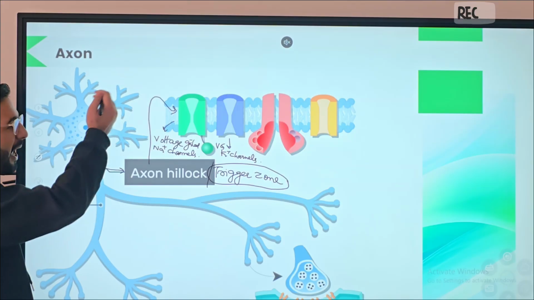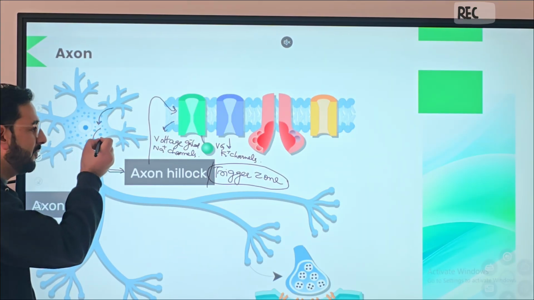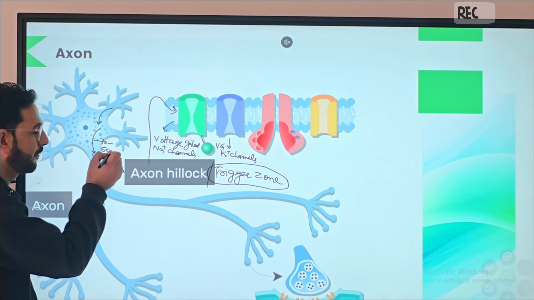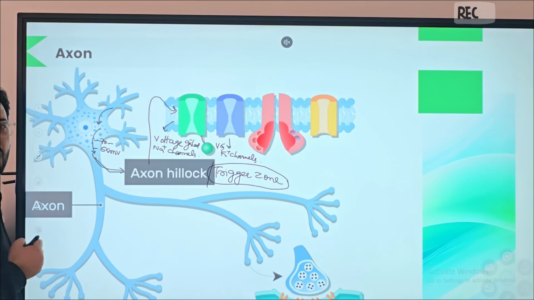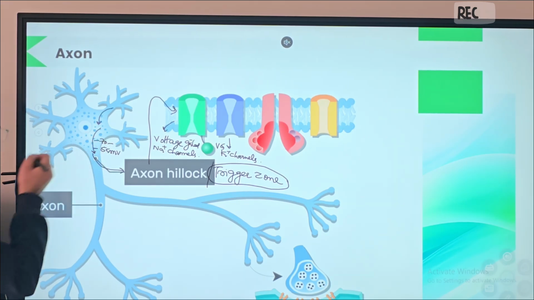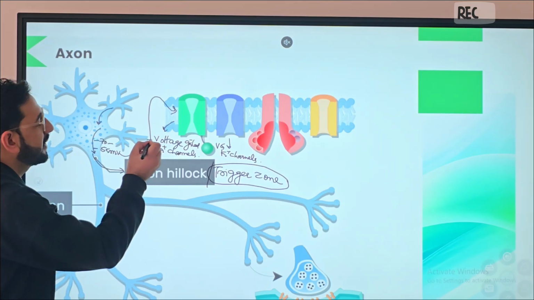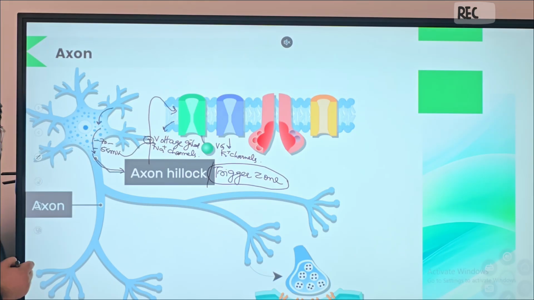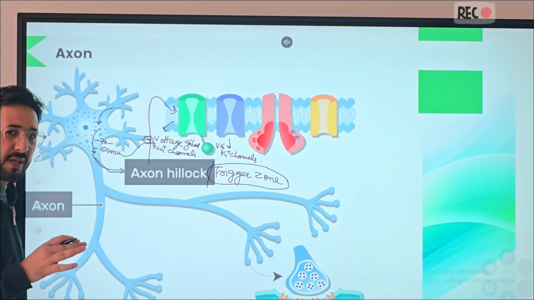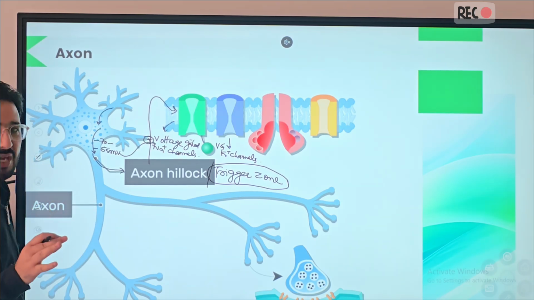for example, we have generated the EPSP there, and that EPSP we have taken from -70 to -55 millivolts. Once this -55 millivolts reaches from the cell body towards the axon, it will stimulate these voltage gated sodium channels. Because these voltage gated channels are closed, they will be opened by a particular voltage when it hits these channels.